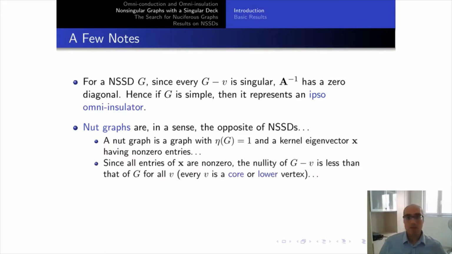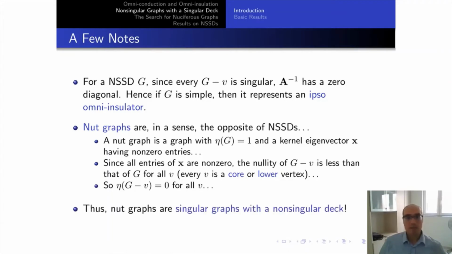Since all entries of x are non-zero, the nullity of the vertex-deleted subgraphs of a NUT graph must all be less than that of G, because every vertex in a NUT graph is a core or lower vertex. So the nullity of every vertex-deleted subgraph of a NUT graph is 0, which means that a NUT graph is a singular graph with a non-singular deck, exactly the opposite of an NSSD, which is a non-singular graph with a singular deck.